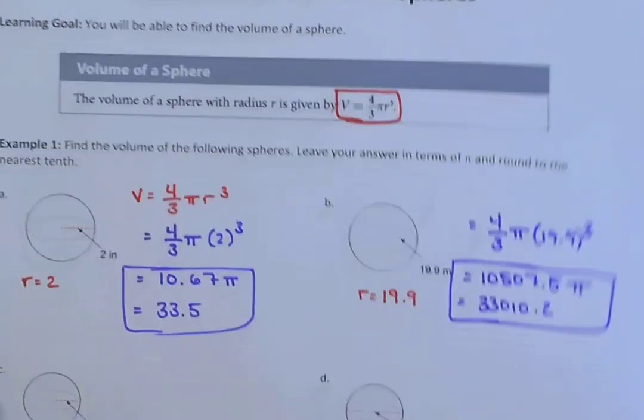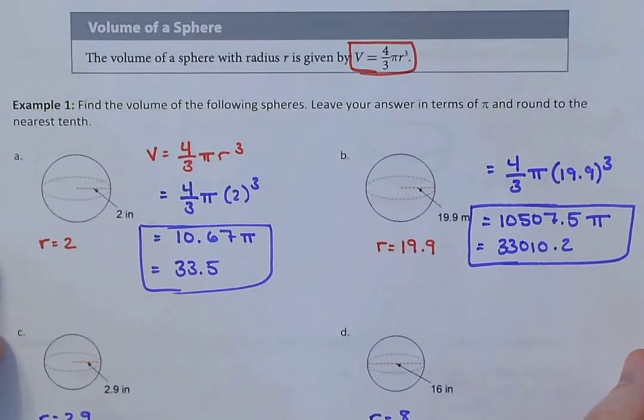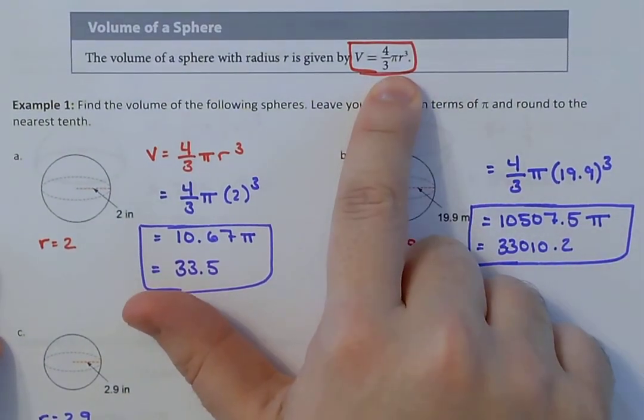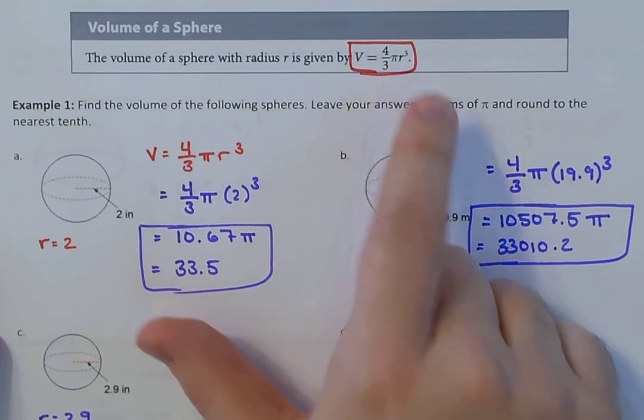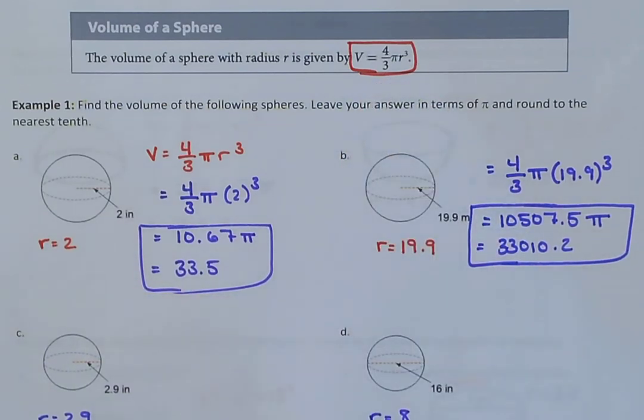If you're wanting to find the volume of a sphere, you want to use 4/3 pi r cubed. Sphere, 4/3 pi r cubed. Hemisphere, 2/3 pi r cubed. Find your radius, plug it into your calculator to figure out your volume.